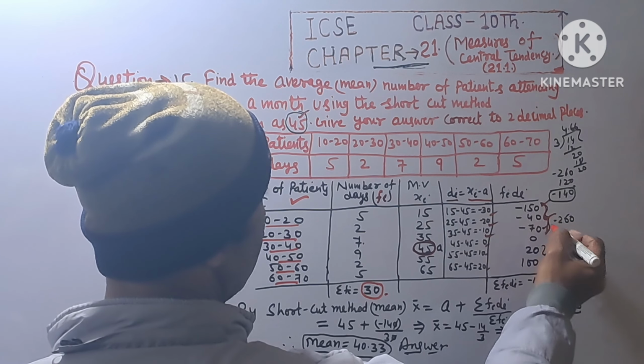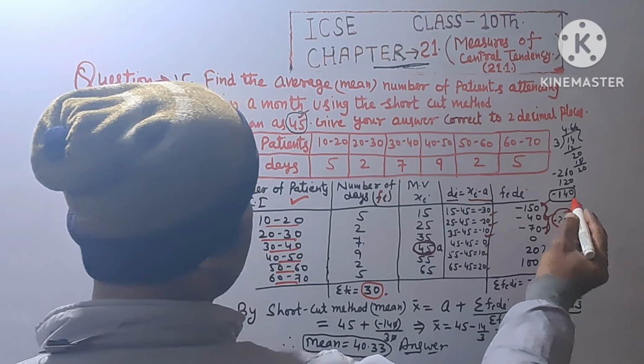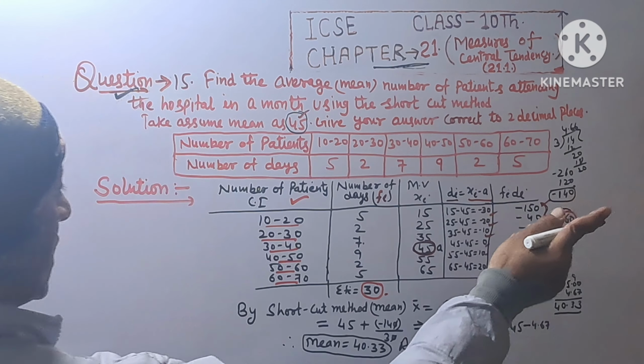The sum of negative numbers is minus 260. 0 multiplied by 9 is 0, 2 multiplied by 10 is positive 20, 5 into 20 is 100, and the sum of positive numbers is 120. Minus 260 plus 120 is equal to minus 140. So summation fi di equal to minus 140.